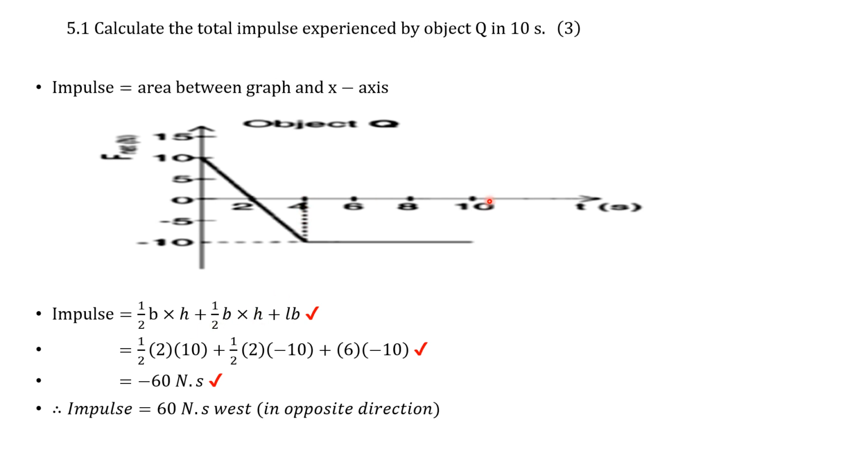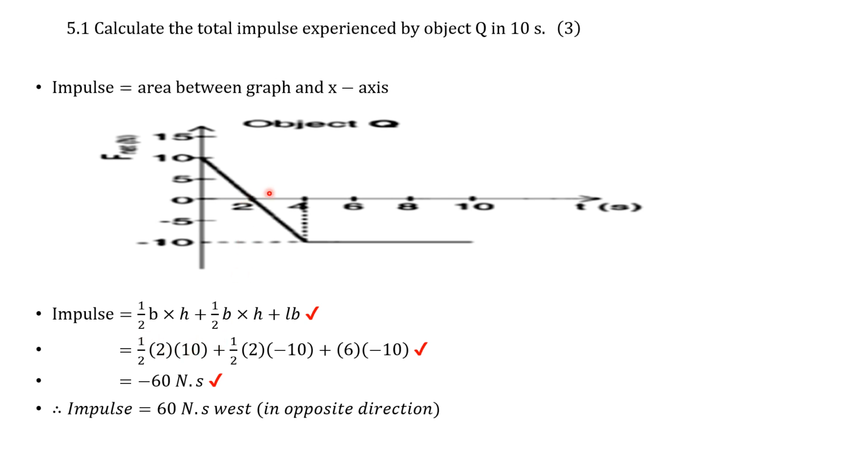And from 4 to 10 seconds down, I have a rectangle, which is length times breadth. Alright, so for this first one, my base is 2, from 0 to 2, and it started from 10, my height, so 10 times 2 times half.